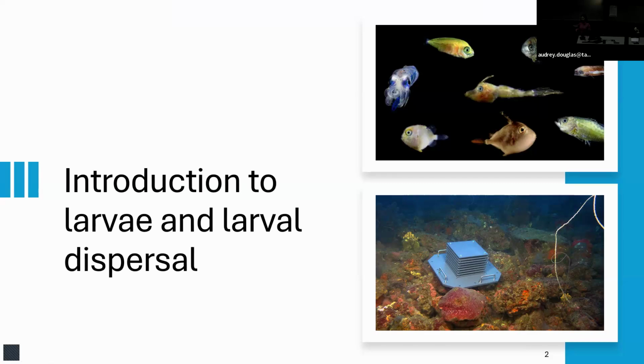So they don't have all of the sensory systems and physical systems to be able to move and eat. So they're very delicate. I did some past research looking at benthic community composition, which got me interested in larva dispersal, thinking about how everything gets to where it is in the ocean, given the large size and large currents.